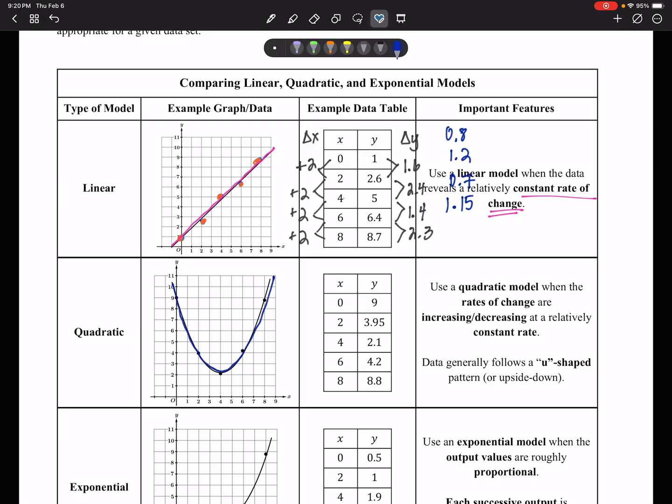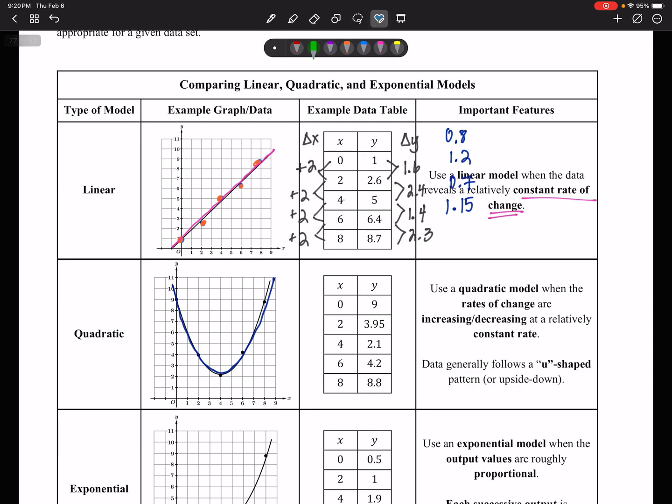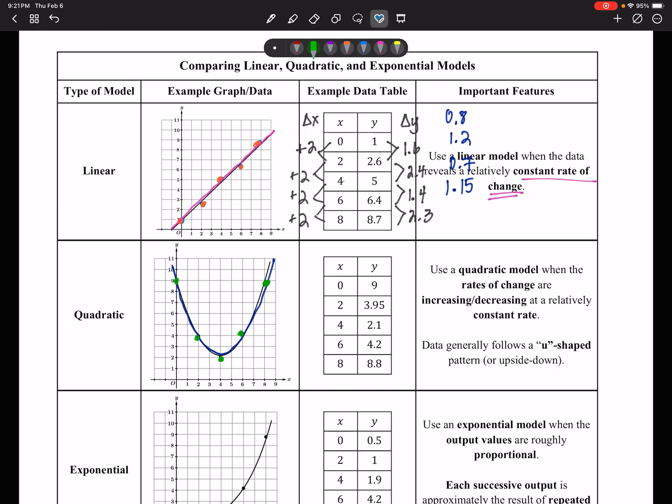So here's the model, okay? That's the model. But the actual data is not perfect. The actual data, you're falling either above or below that model. Very rarely will you be perfectly on the model. So does this represent an absolute constant rate of change? No, but it is relatively constant.